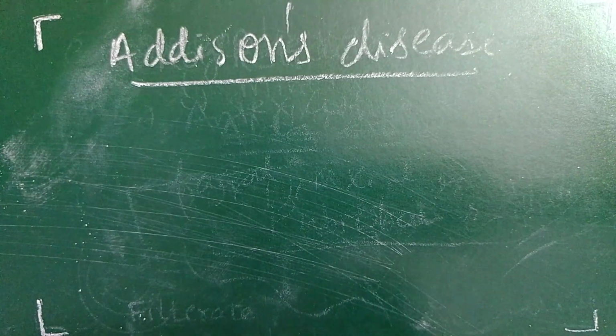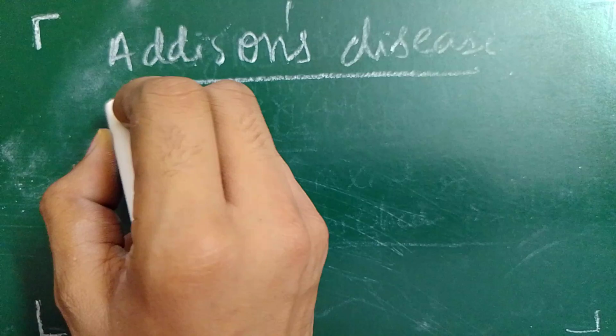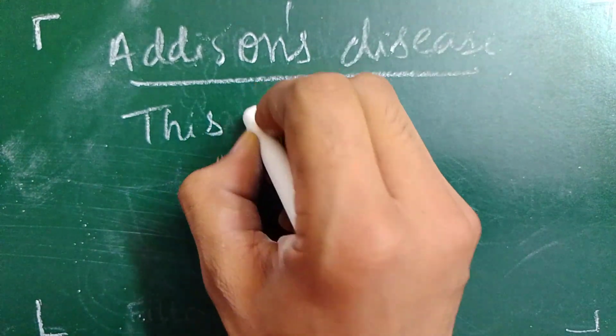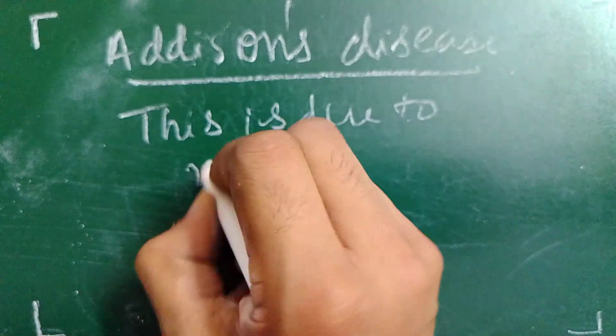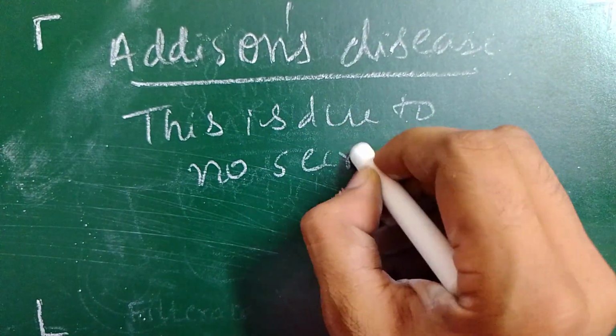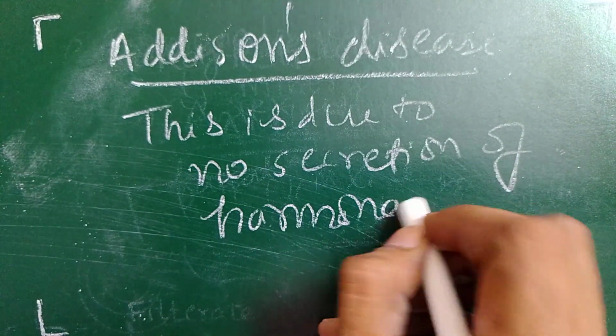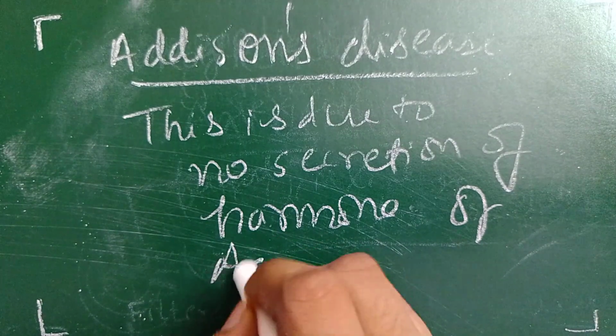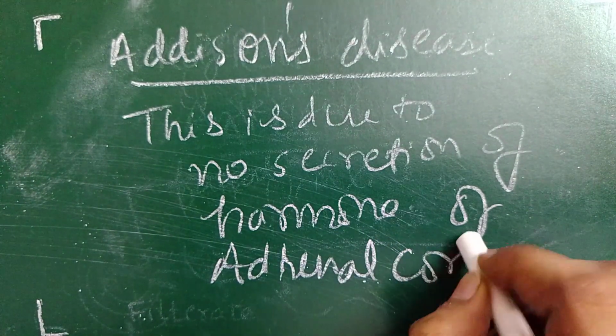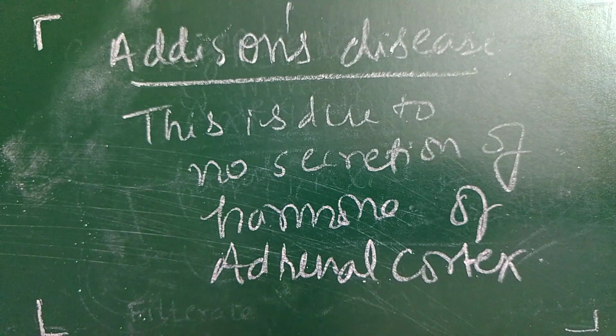This disease happens due to non-secretion of hormones of the adrenal cortex. The reason may be removal of the adrenal cortex, or some disease in the adrenal cortex which results in non-formation of adrenal hormones.